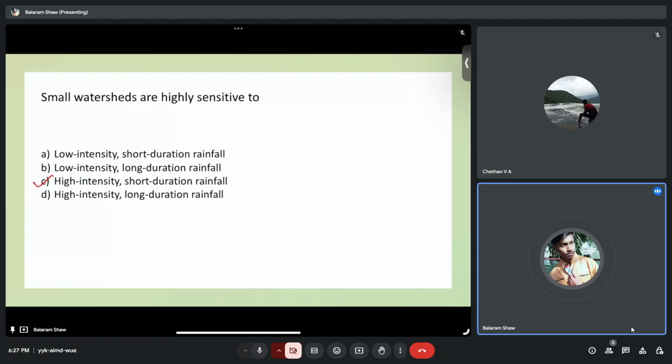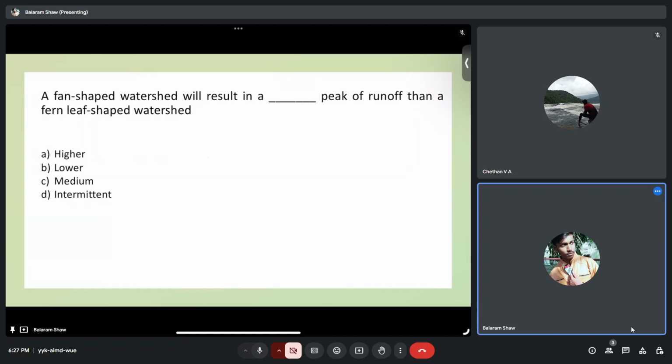The next question is, a fan shaped watershed will result in a dash peak of runoff than fern leaf shaped watershed. Just now we have discussed what the fan shaped is, something like a big hand fan.